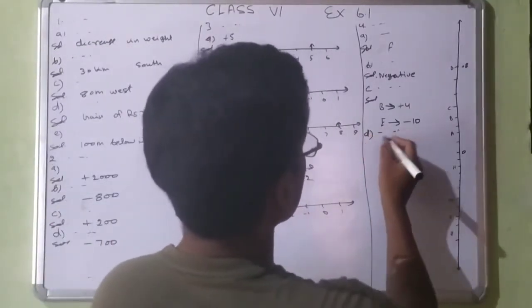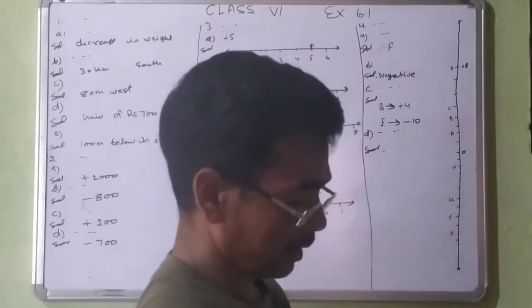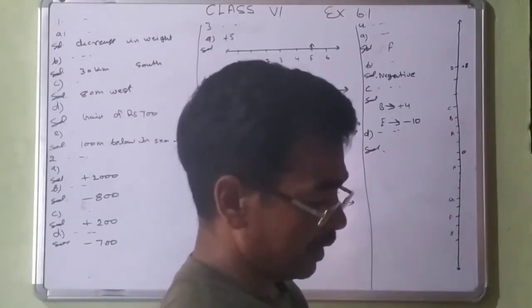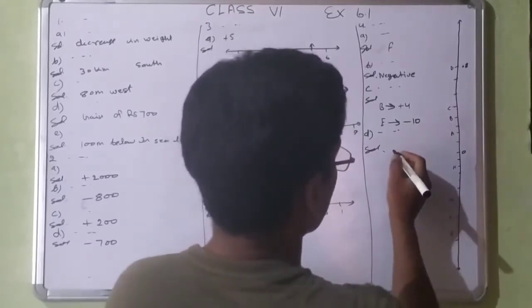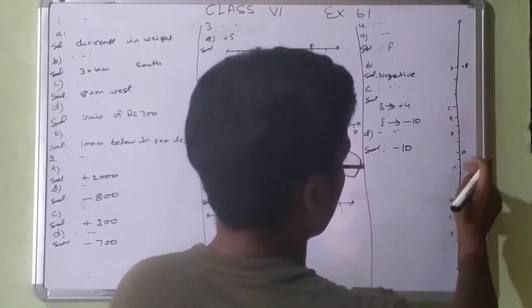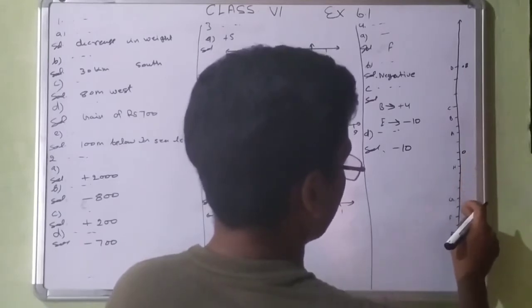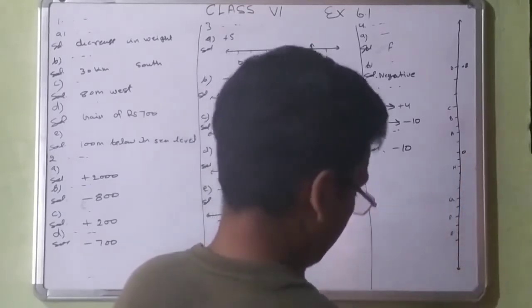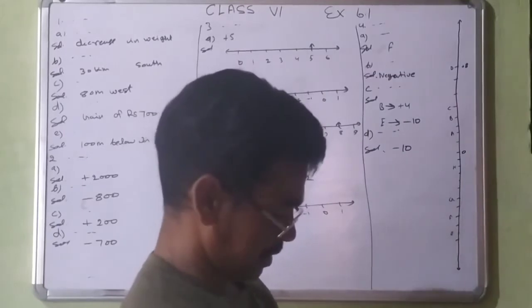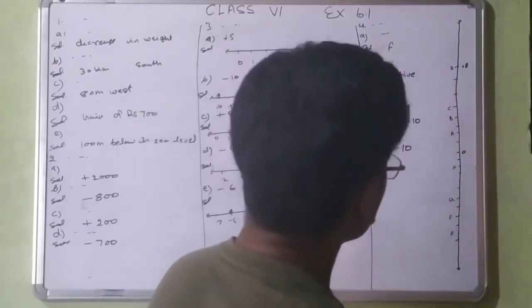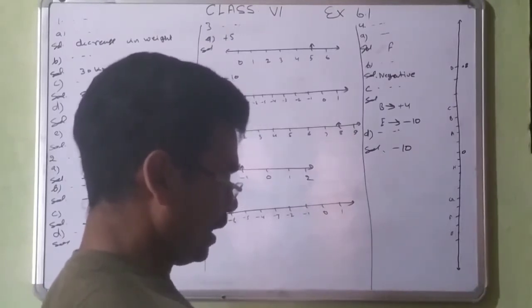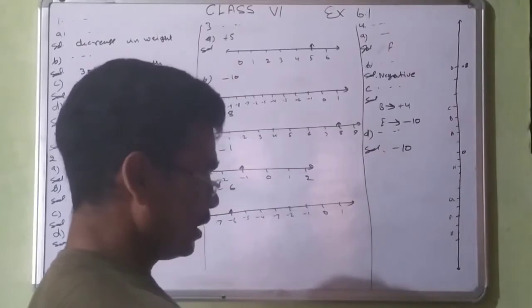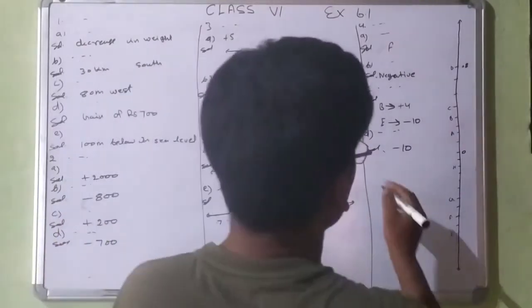D question: which point marked on this number line has the least value? Minus 10 is given there. And then arrange all the points in decreasing order of value.